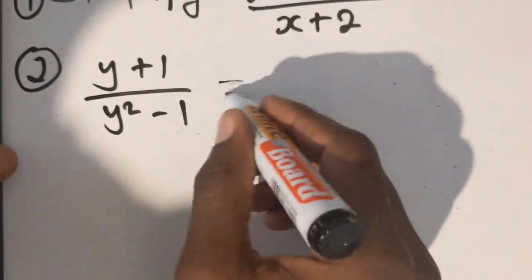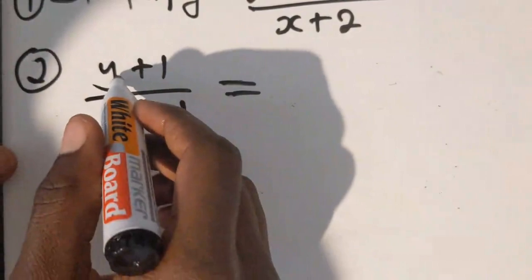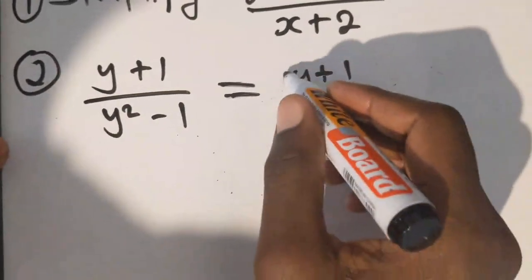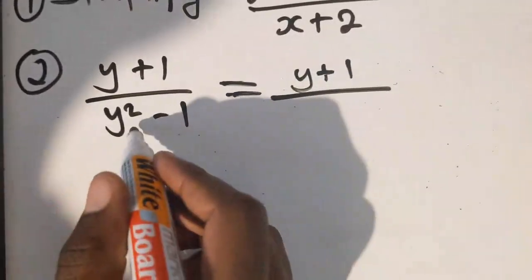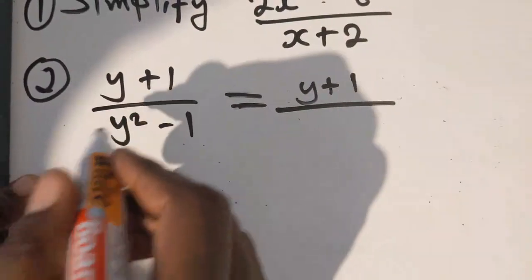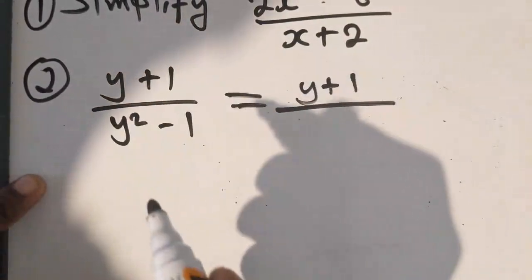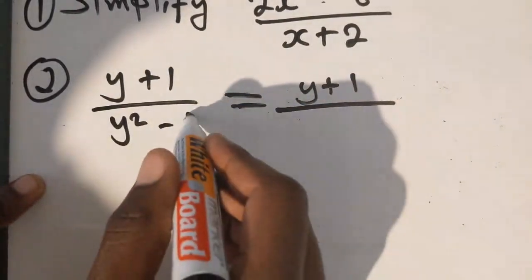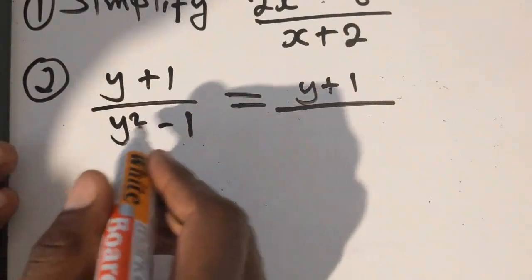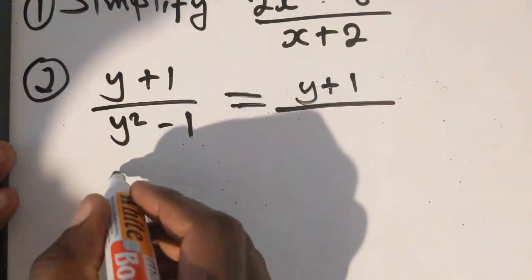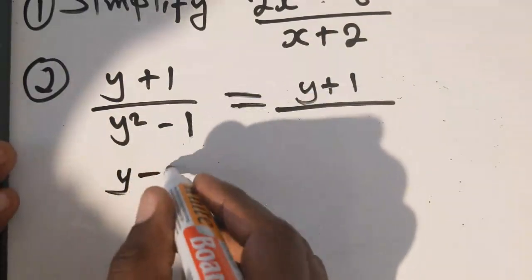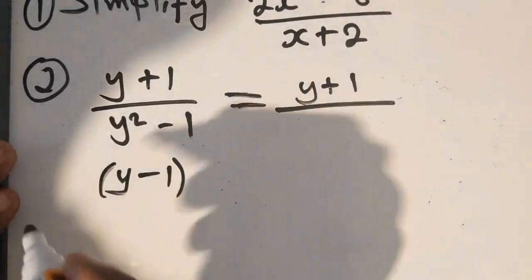So here, what is up here, you just copy it, y plus 1 over. When you see y squared or x squared, p squared, m squared, they just change the letters. And there's a 1, they mean you should find the square root of these. This is just the difference of two squares, meaning there is y, the square root of that, and the square root of 1 is just 1, because 1 times 1 is 1.